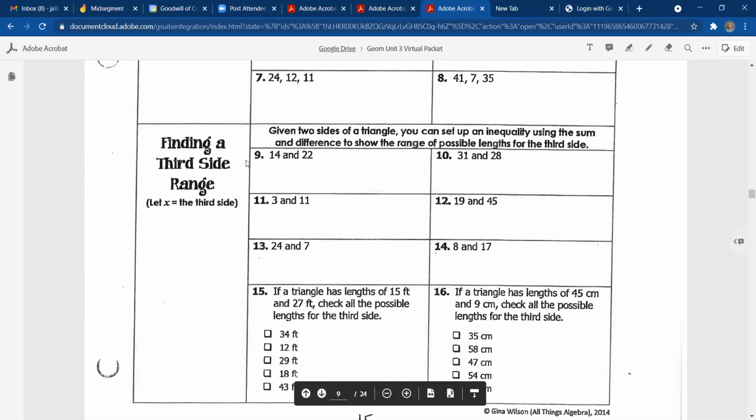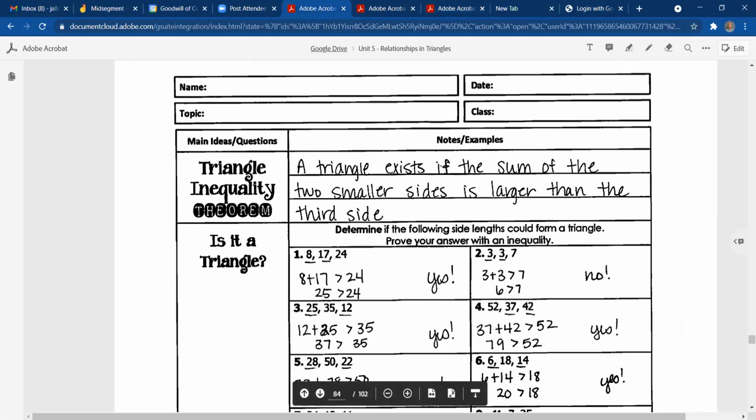So there's the range that you can come up with. Not the values for the third side. Their triangles are going to look different because the values are different. But you could have the third side be as low as 9 or as much as 35. This is one of those compound inequalities.